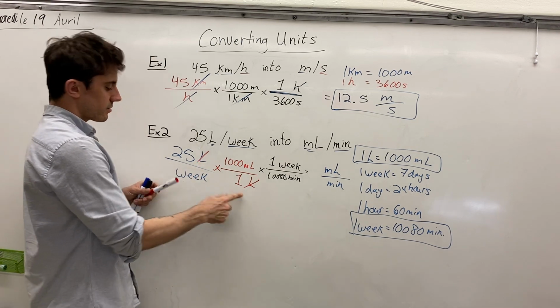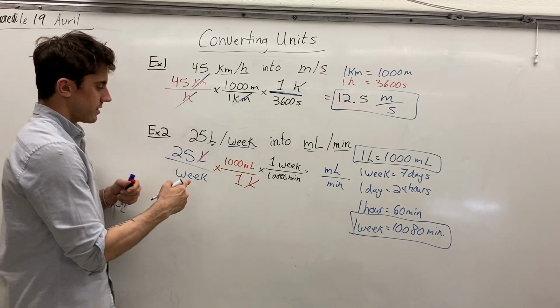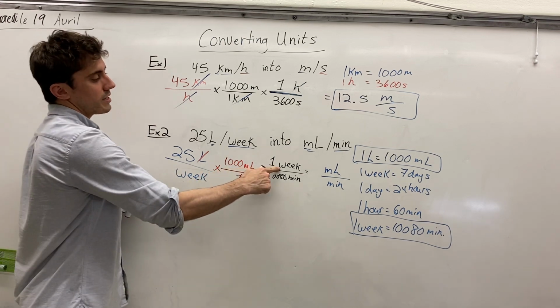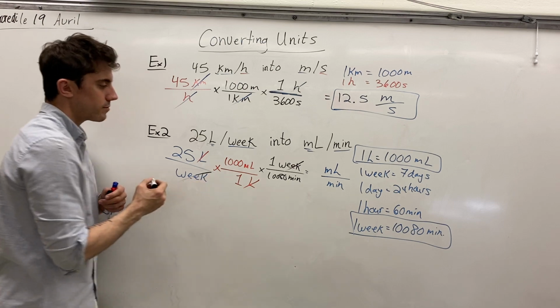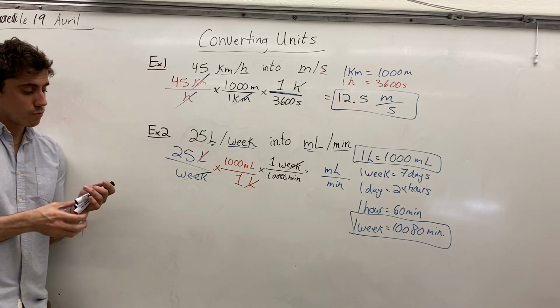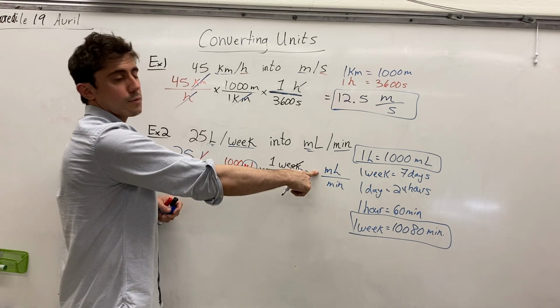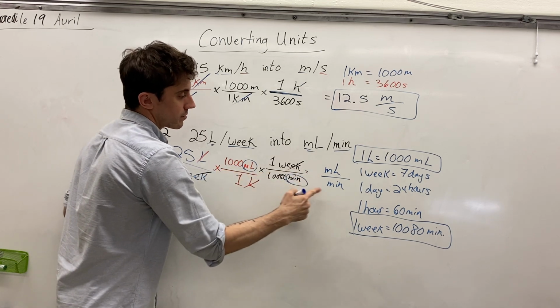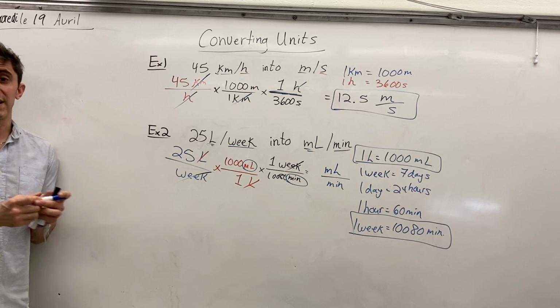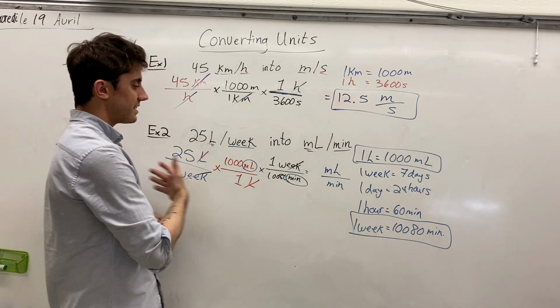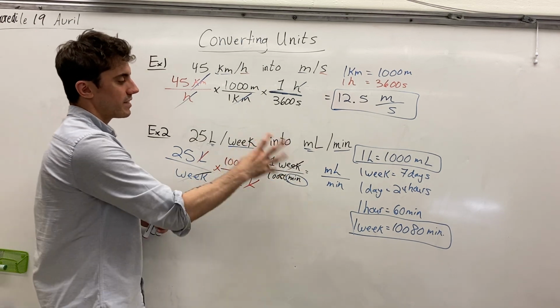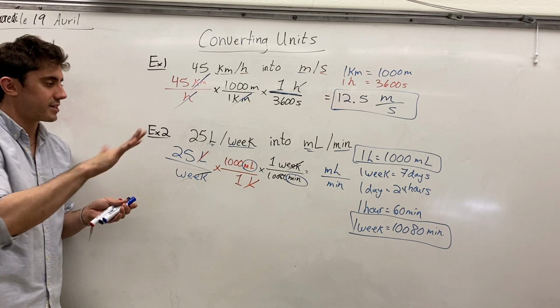We can see that the week in the denominator and the week in the numerator, on top and on the bottom, cancel out nicely. What we have left is milliliters on top, like we wanted, and minutes on the bottom, just like we wanted. So again, our units are leading the way. We just worry about getting our units matched up in a line properly.